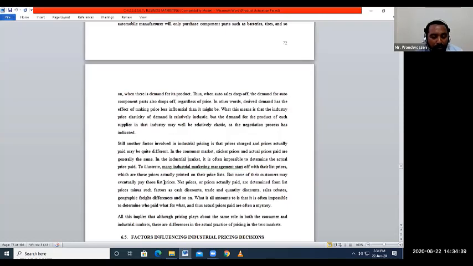Because of this discount, the list price is changed into the net price, which means list price minus the discount. Definitely you will get a net price.